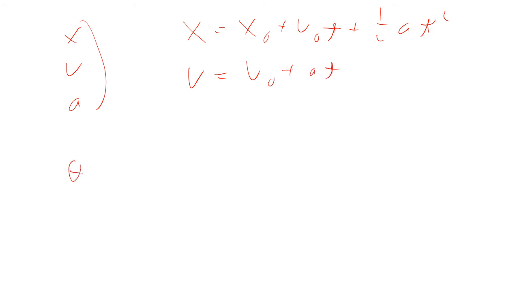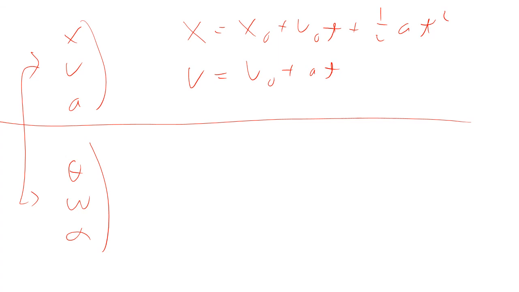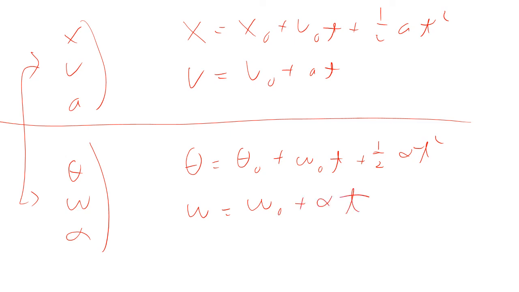Since theta, omega, and alpha have exactly the same relationships to each other that those first ones do, they're going to have the same equation relationship. So theta equals theta naught plus omega naught t plus 1/2 alpha t squared, and omega equals omega naught plus alpha t.